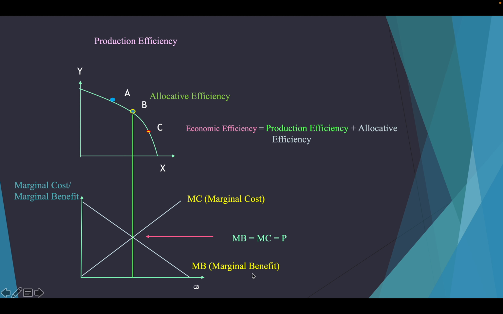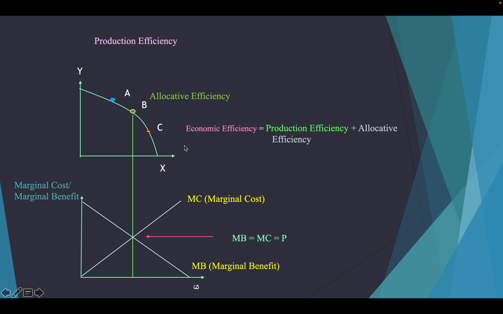Marginal means additional. The cost of one additional unit is the marginal cost, and the benefit from one additional unit is the marginal benefit. You can see that at this point the marginal benefit, marginal cost, and price are all equal.